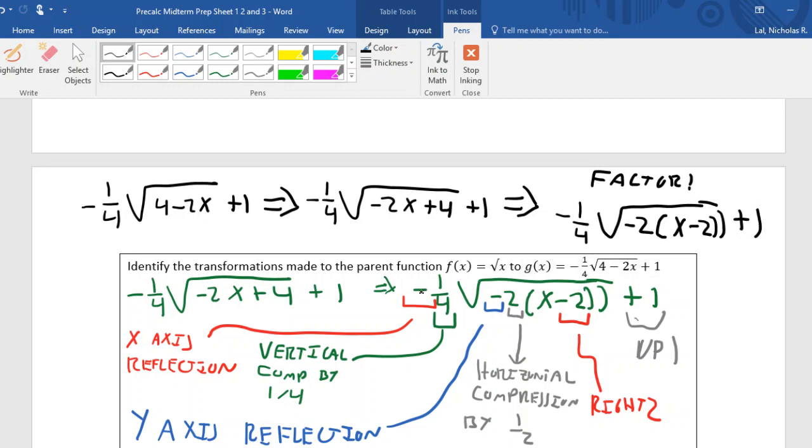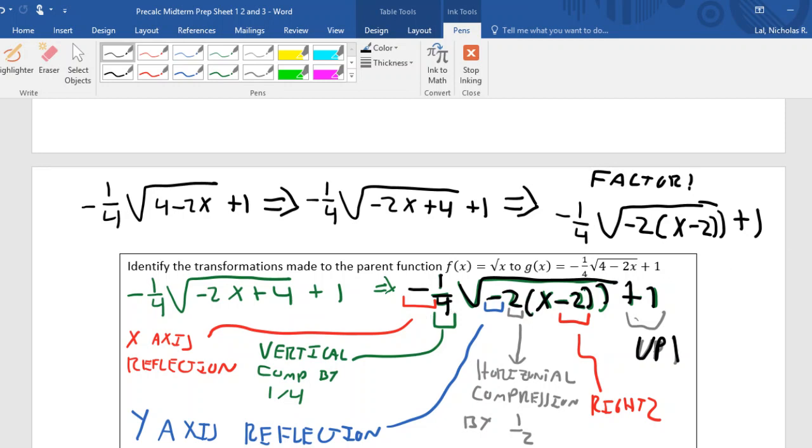And that's how I got negative 1/4 times the square root of negative 2 factored out of x minus 2 in parentheses plus 1. This is up 1, right 2, horizontal compression by 1/2, a y-axis reflection, a vertical compression by 1/4, and an x-axis reflection.